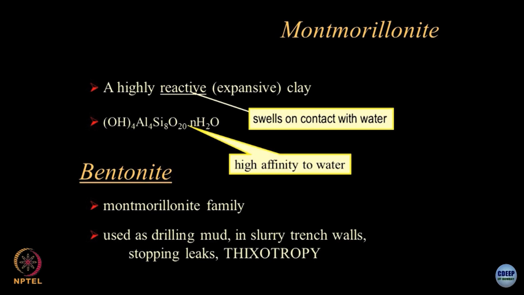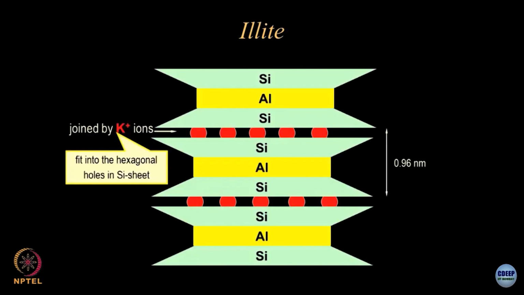Bentonite is one of the montmorillonites which we discussed earlier. It is used in drilling, slurry trench design, leakages. Most of the putties which you use, different types of putties which are used for sealing the cracks are made up of bentonite, and this shows thixotropic effect. And if you remember, this is the material which is normally used in nuclear industry for the disposal of the nuclear waste. Then comes the illite.